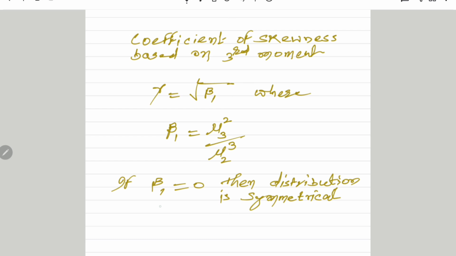And if that value of beta 1 is 0, then that distribution is symmetrical. Means curve is symmetrical. There is no skewness.